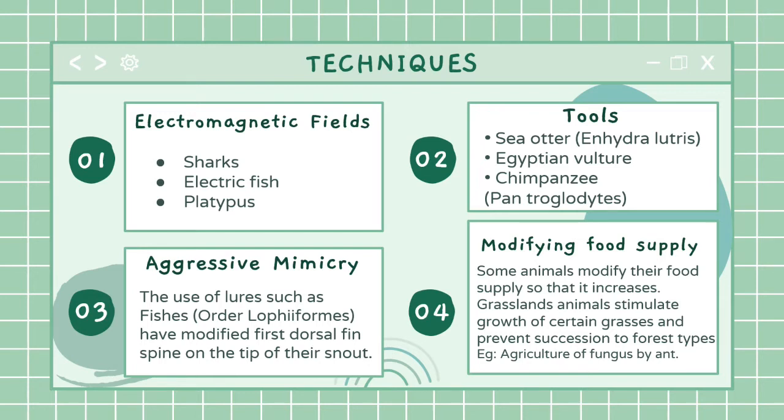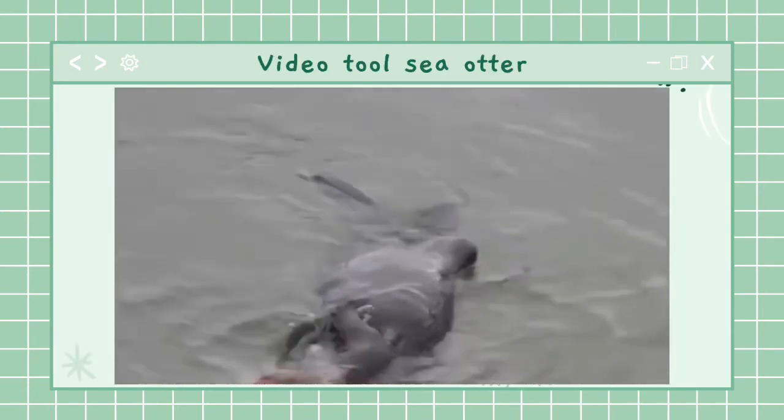Meanwhile, techniques using tools can be seen from sea otter, Egyptian vulture, and chimpanzee. Furthermore, other techniques include aggressive mimicry using lures by fishes, and modifying food supplies.